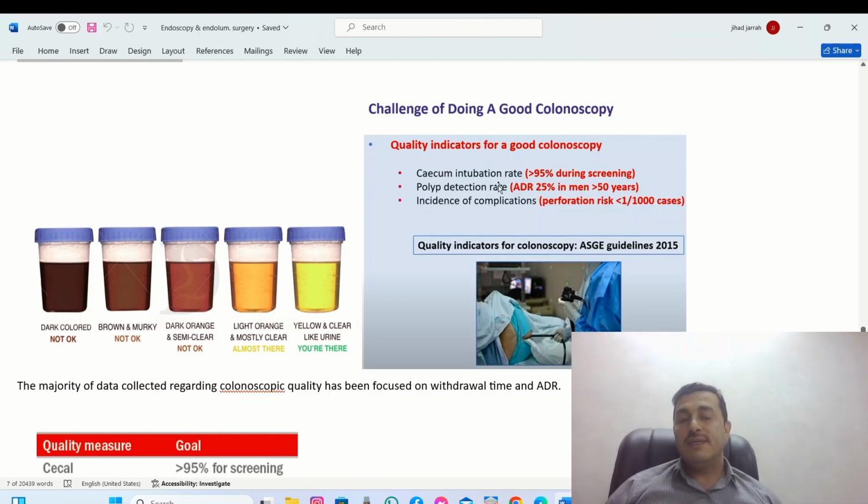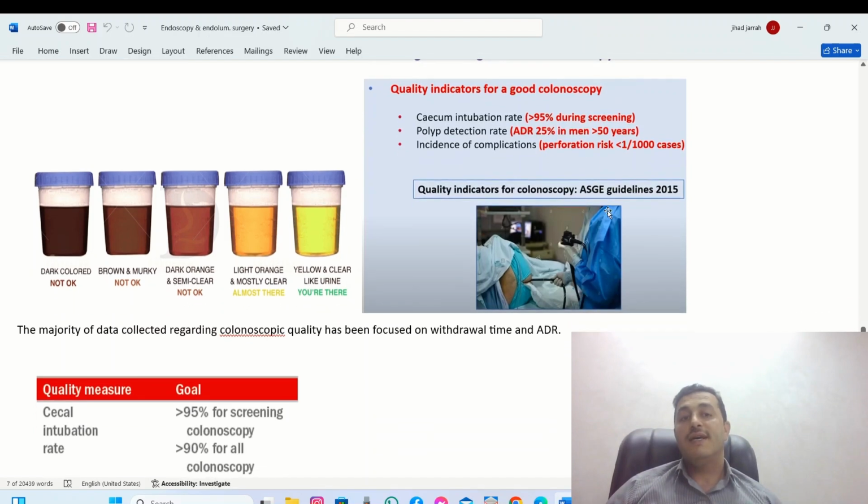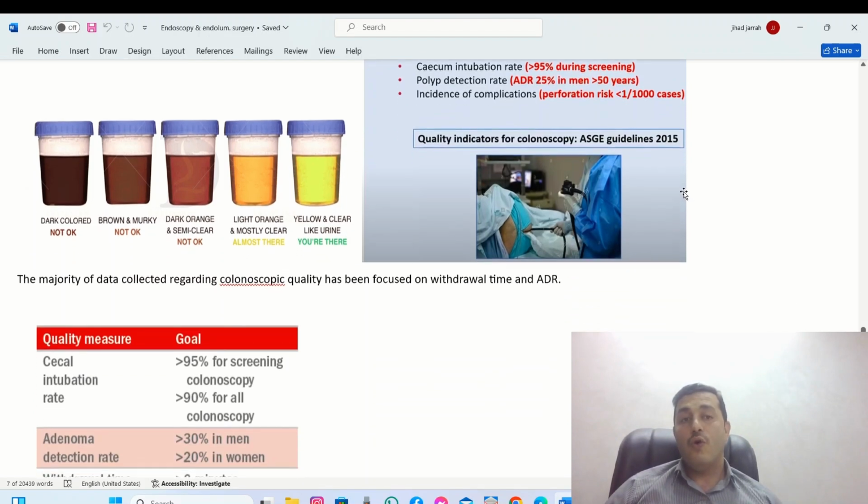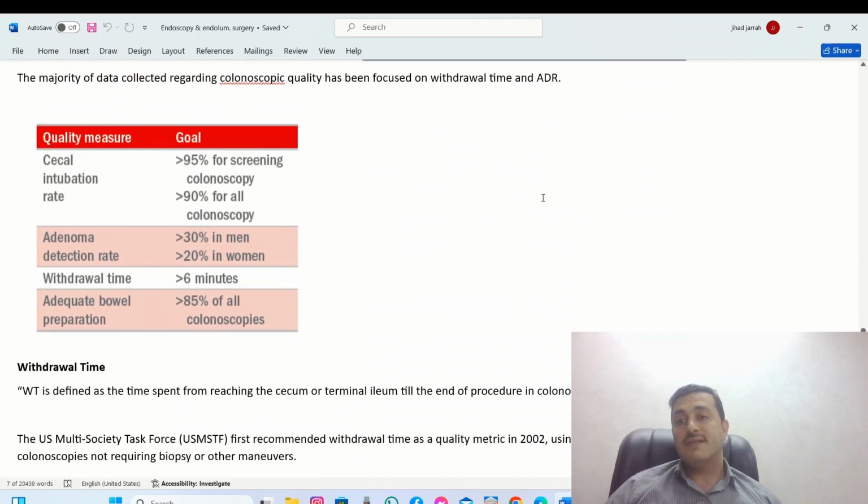And adenoma detection rate, again, we will talk about that, but it should be more than 25% in men who are older than 50 years old who are undergoing their first colonoscopy. Incidence of complication, for example perforation, less than 1 in 1000 cases.